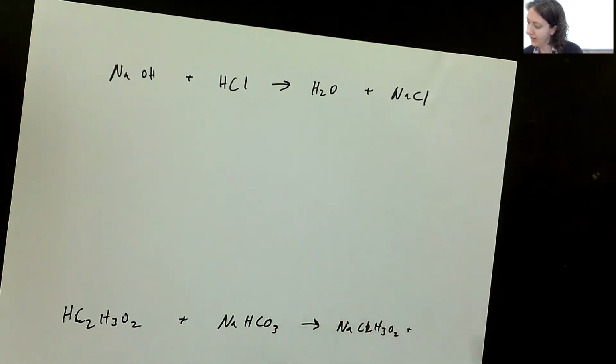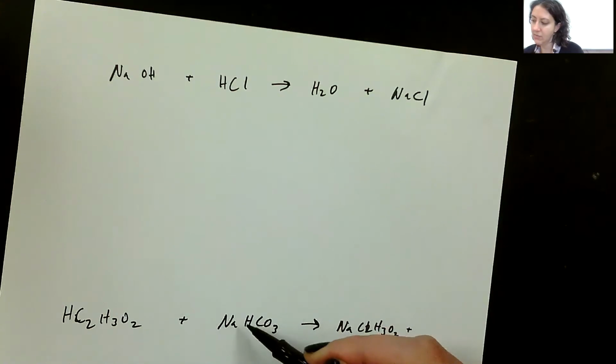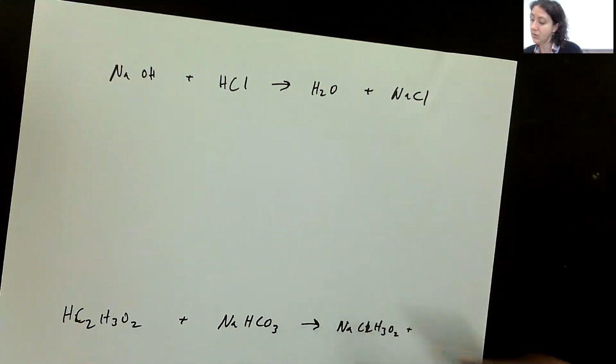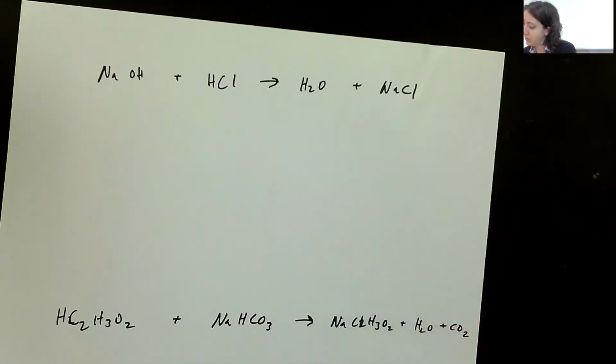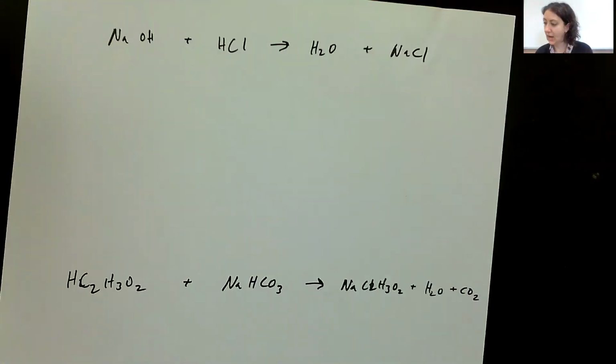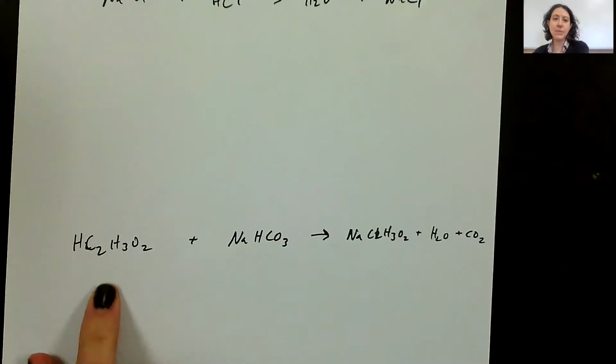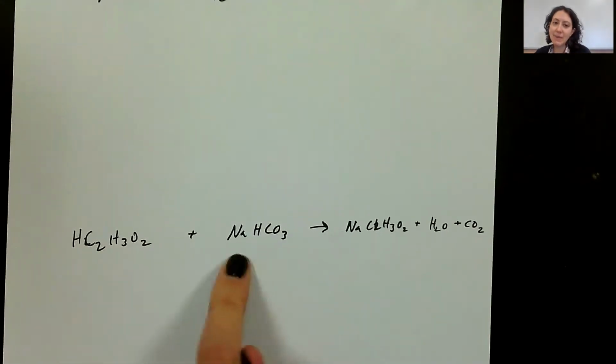Gotta write it down before I forget. And then we end up with water and CO2, I think, are the two products. So this is the acid, this is vinegar, and that's baking soda.